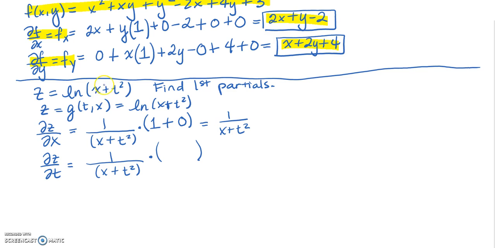So that means this x I treat like a constant, so the partial of x with respect to t is 0, plus, and then I take the partial with respect to t of this t squared, so that gives me a 2t. So my partial of z with respect to t is going to be 2t over x plus t squared.